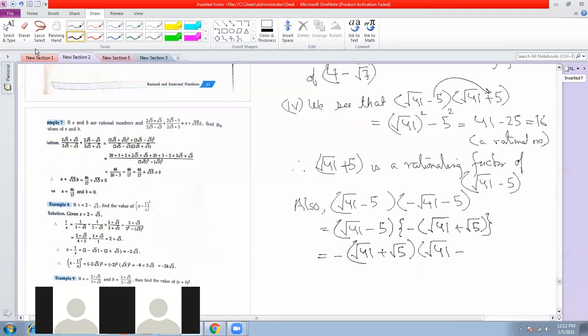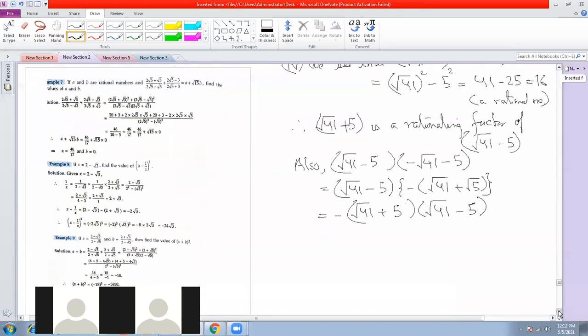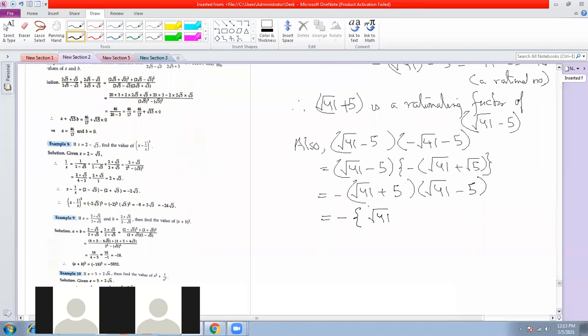It's not root 5, this is simply 5. So again, now this is minus of root 41 square minus 5 square, which is equal to minus of 41 minus 25, which is minus 16, a rational number.